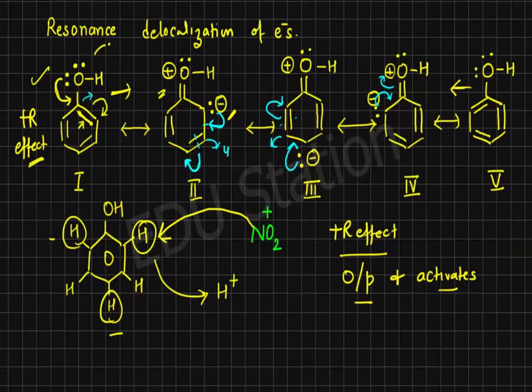So, phenol wants electrophilic substitution to occur because it carries negative charge at ortho and para positions. I hope this is clear. This is very important and you have to practice drawing these structures multiple times, then only you will be able to perfect this. Now, we will come to the second case.